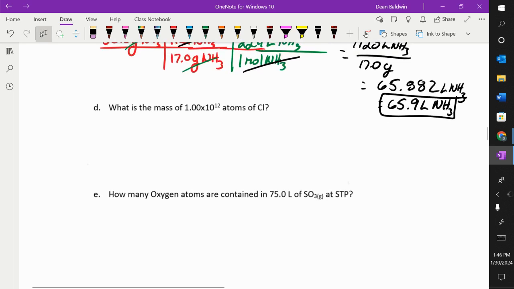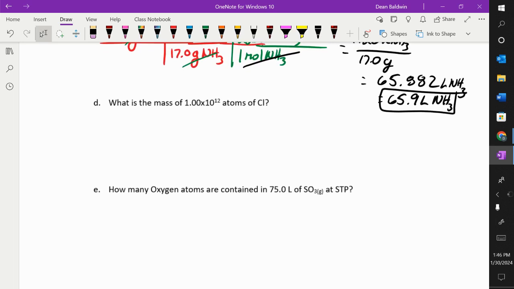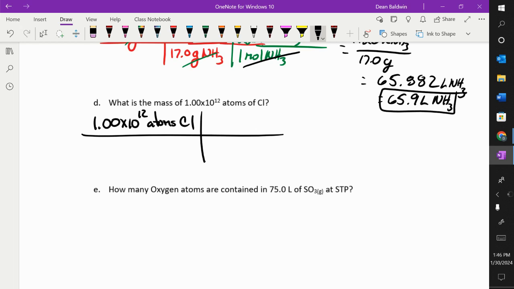What is the mass of 1.0 times 10 to the 12 atoms of chlorine? Okay. We have that many atoms of Cl. Do we have something that relates atoms and moles? We got Avogadro's number, right?